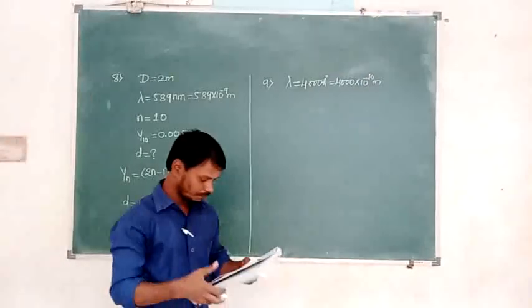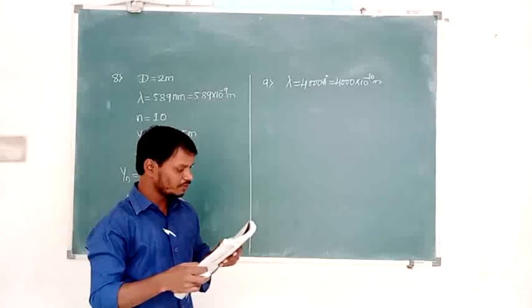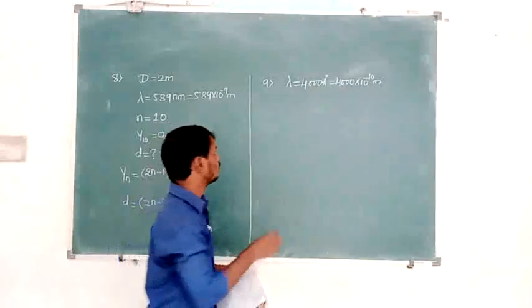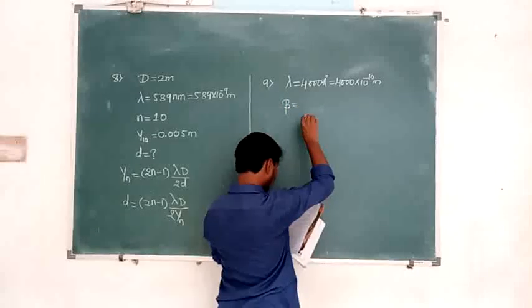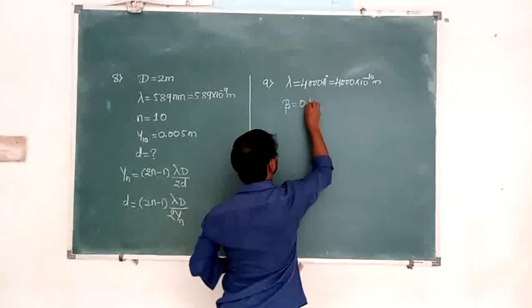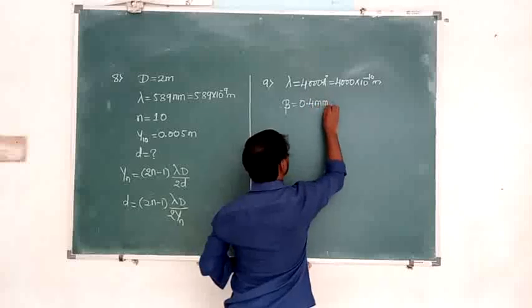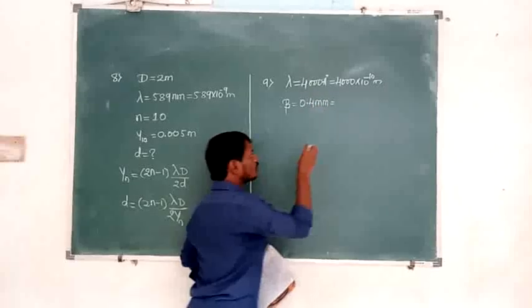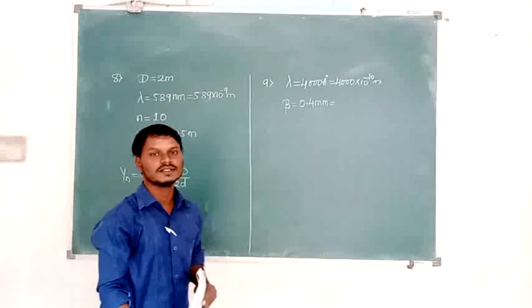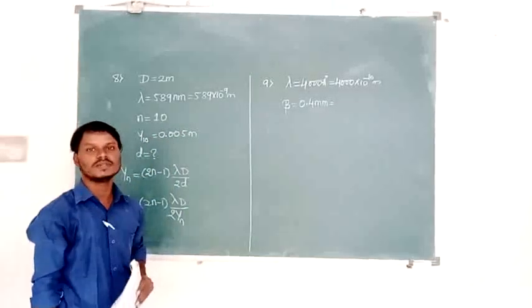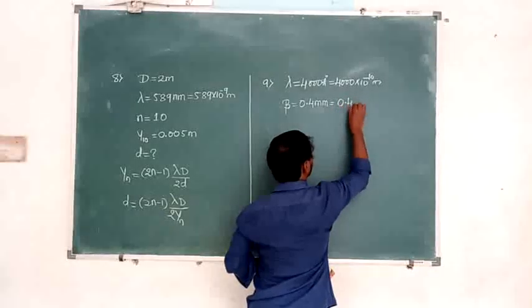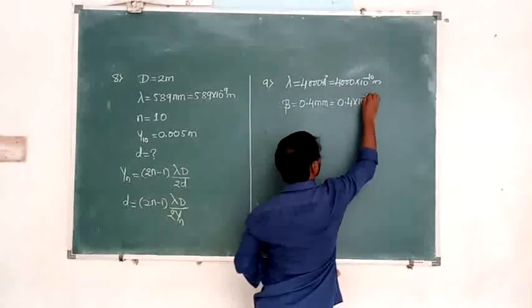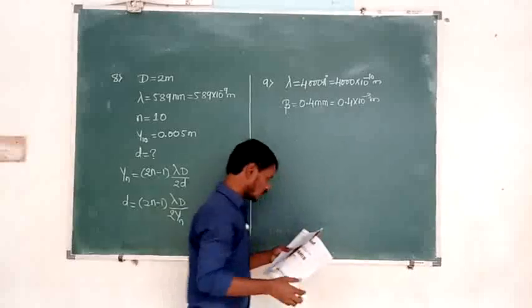The fringe width is found to be, beta is given, that is 0.4 millimeter. While solving such problems, you must know the conversions. 1 millimeter means 10 to the power of minus 3 meter. That is 0.4 into 10 to the power of minus 3 meter.